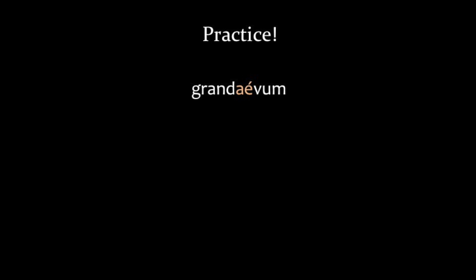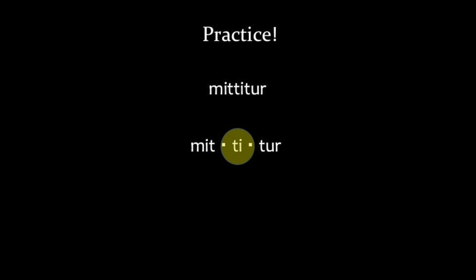Let's take a look at another word. This is mittitur. Let's break it down into syllables. Mit, M-I-T. The second syllable will be T-I, and the last one will be tur. Now, this is a form you haven't seen before, but it's a good Latin word, and it helps us illustrate some principles here. Now, which syllable do you look at? That's right, you look at the penultima, the second from the end.